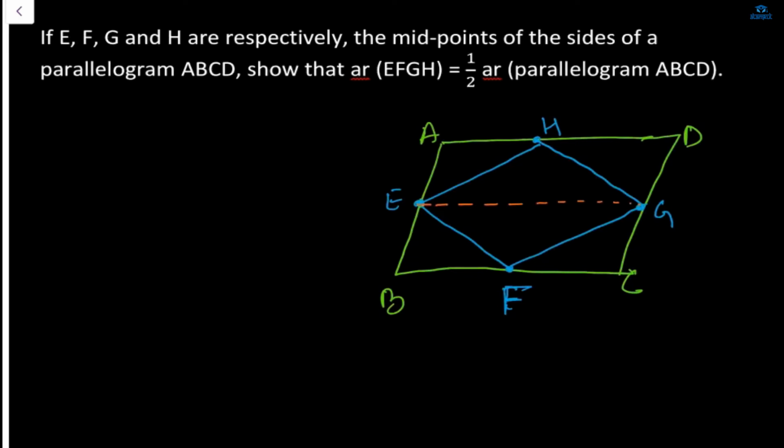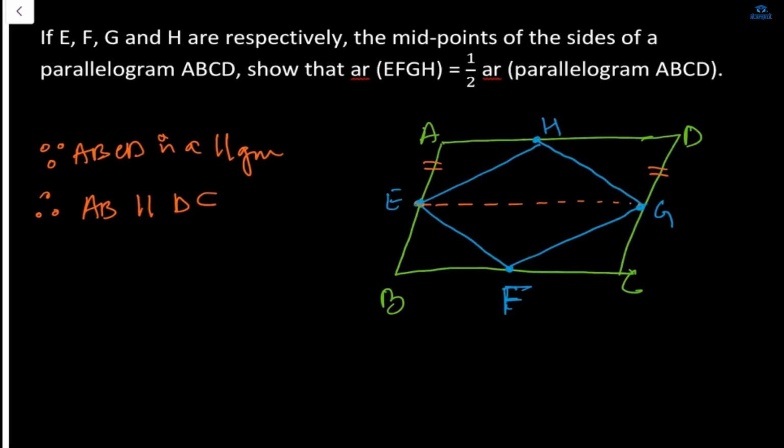So AB will be parallel to DC, and AB will also be equal to DC. So if we take half of AD, since E is the midpoint and G is the midpoint, we are exactly making half. Okay, so this will also be equal to this. AE will be equal to DG, since ABCD is a parallelogram, therefore AB will be parallel to DC, and AB will be equal to DC.